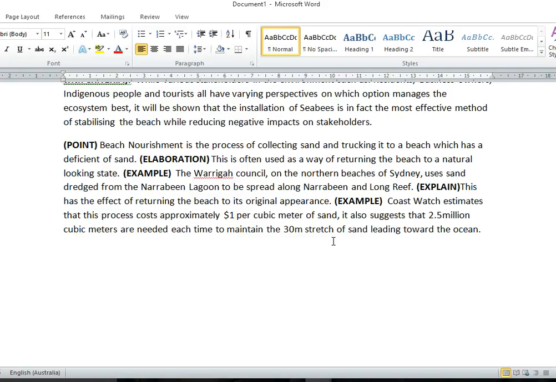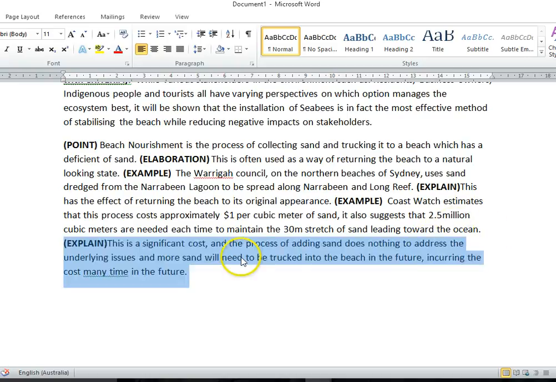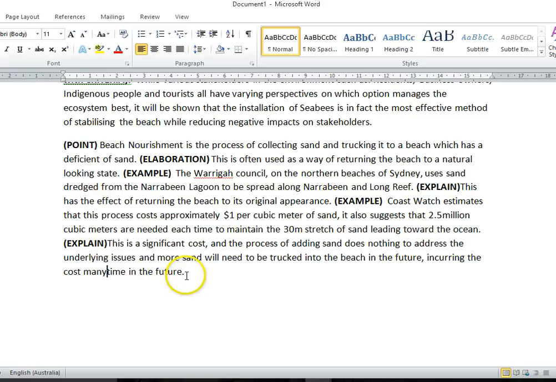It also suggests that 2.5 million cubic metres are needed each time to maintain the 30-metre stretch of sand leading towards the ocean. So here we have another example and we need to explain that. This is a significant cost and the process of adding sand does nothing to address the underlying issues, and more sand will need to be trucked into the beach in the future, incurring the costs many times over.